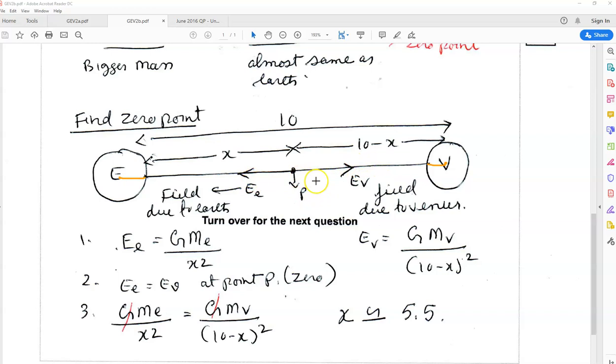So just to give an overview of how to solve these types of problems, I've got a point P, and I've taken just a random distance of 10 units. The distance from Earth to this point is x, and the remaining distance from P to here is 10 minus x.